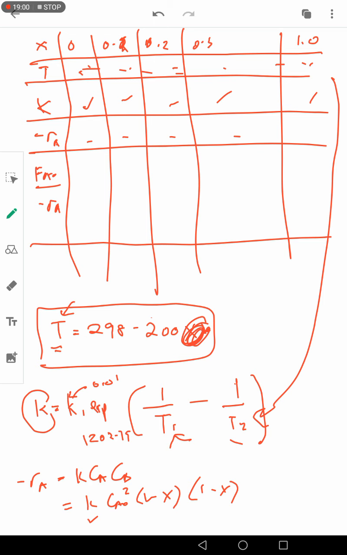Bila you dah dapat, barulah you boleh plot, last time kan, FA0 over negative RA versus X. So kat sini you boleh dapat nilai volume untuk PFR guna numerical method Simpson untuk dapatkan nilai V. Okay, so itu contoh untuk soalan ni.